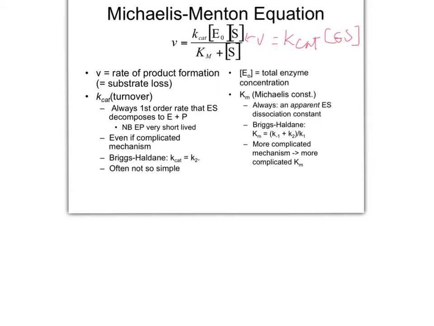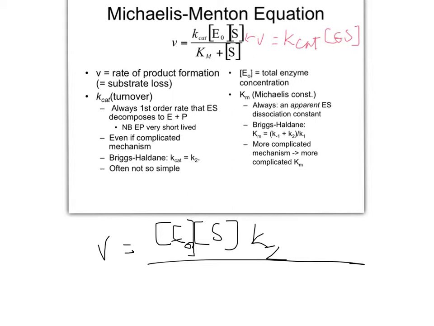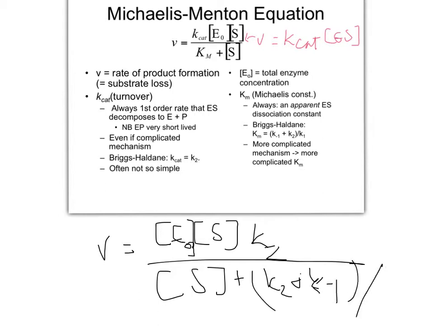So now I've made more room because there is a version of the Michaelis-Menten, or the Briggs-Haldane version, in which now the velocity is equal to the total enzyme, E naught, times the substrate times K2, divided by the substrate plus K2 plus K minus 1 divided by K1.